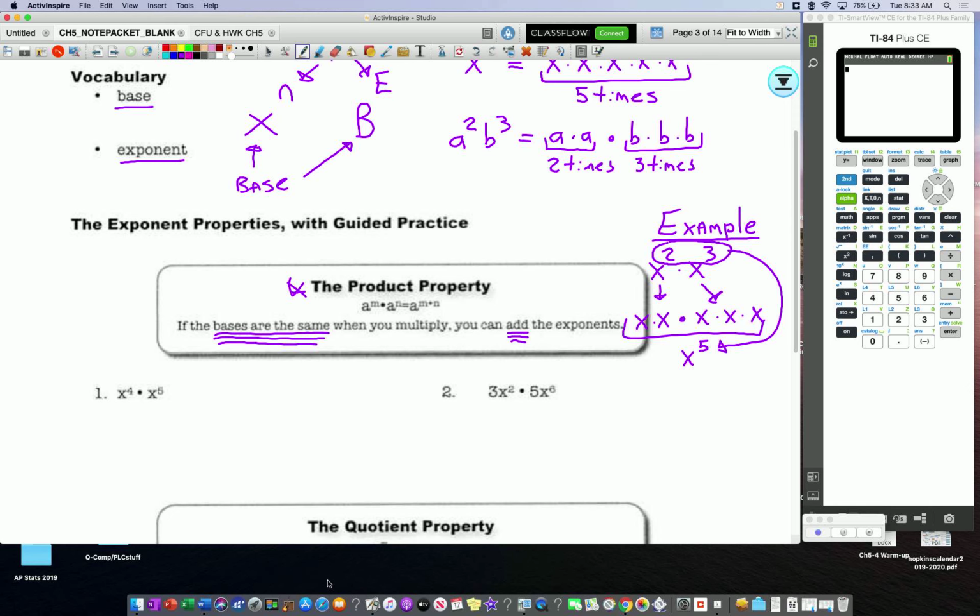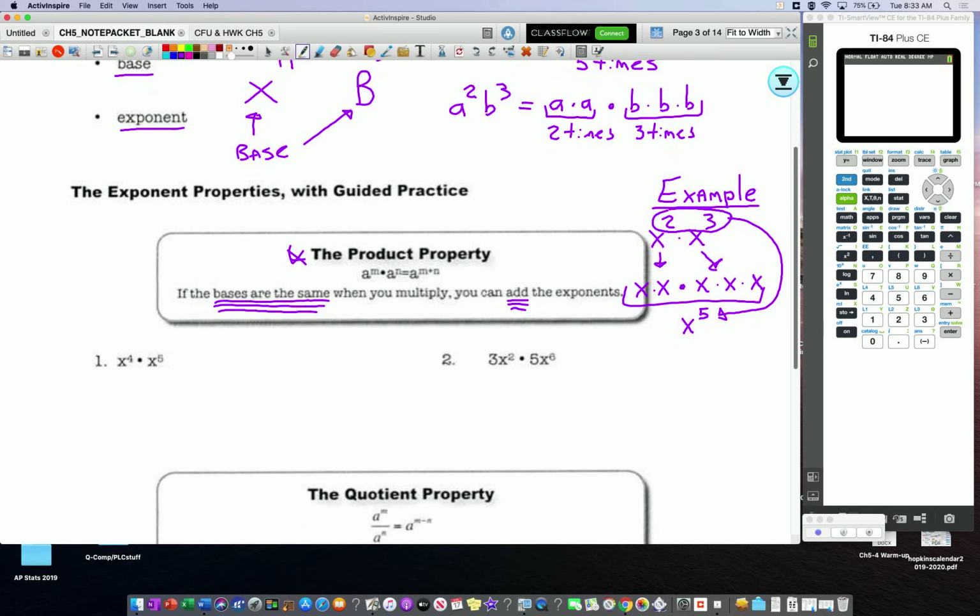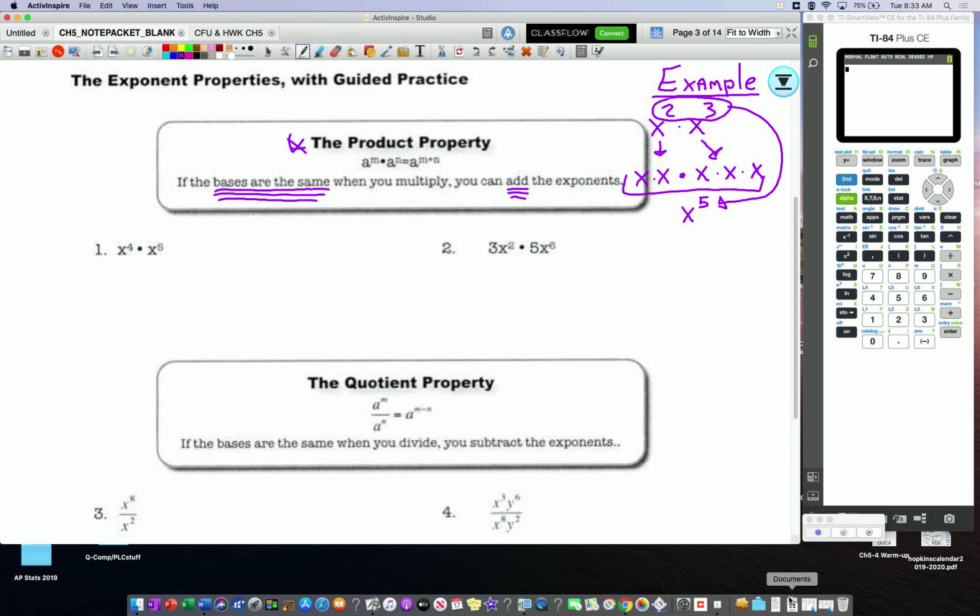Let's take a look at a couple examples here that are in the notes. On this first one, x to the fourth times x to the fifth is simply x to the ninth. I'm going to add a few more examples because I think it's always great to see when you have more. If I have y squared times y to the fifth, add them up, y to the seventh.